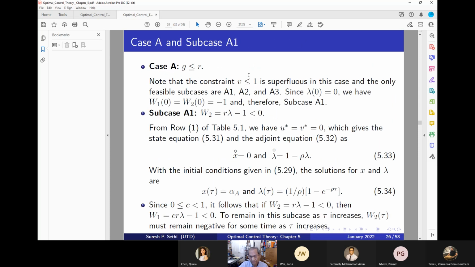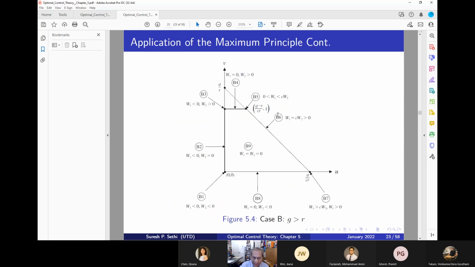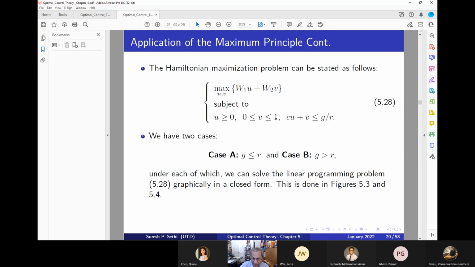So in this case, V less than 1 is superfluous because G by R actually is dominant. And 1 is not important anymore. Basically, what we mean by that is that constraint can be ignored because that constraint is the one that rules the game here and not that one.